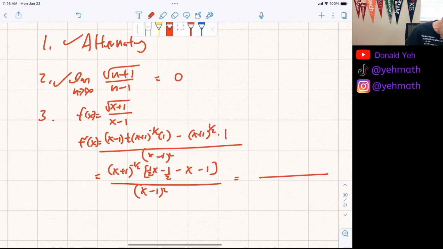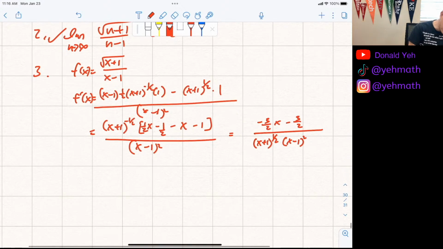Why is it minus? Oh, okay, I get it now. So x minus 1 squared, and x plus 1 to the half. But eventually the bottom's always positive because square root does not cause a negative sign. And this one's going to be 3 over 2 x minus 3 over 2.